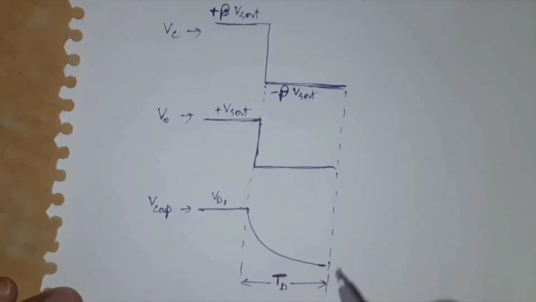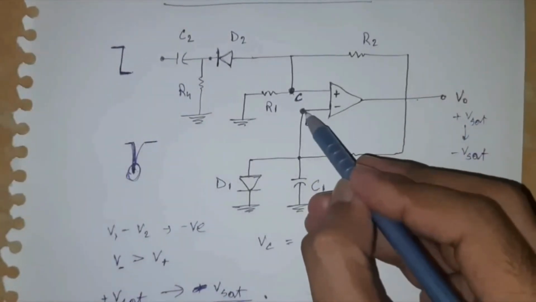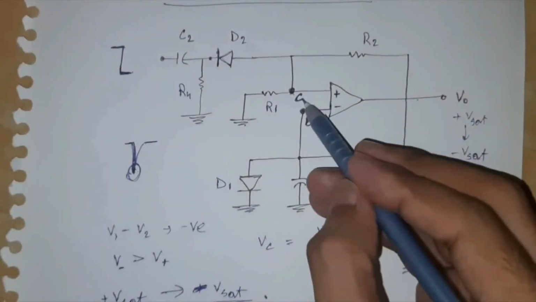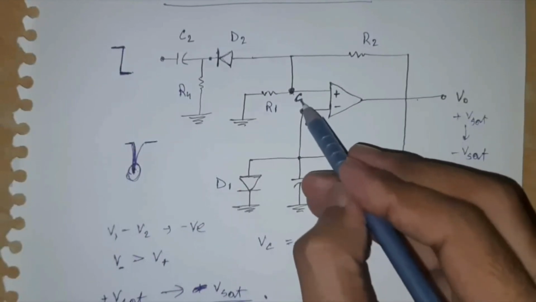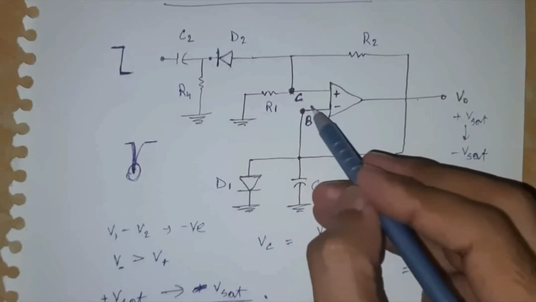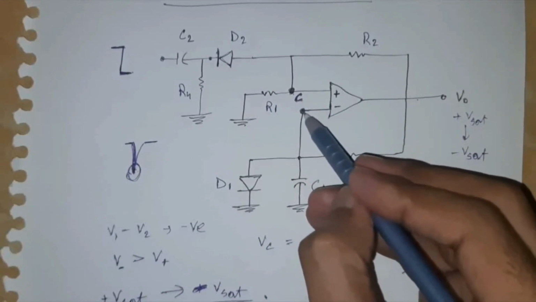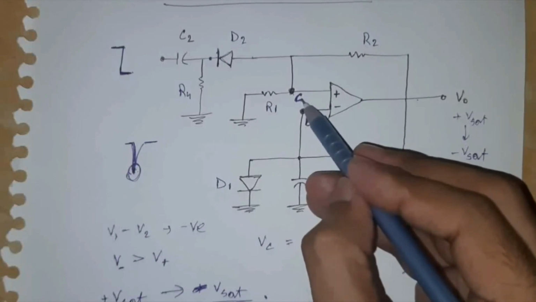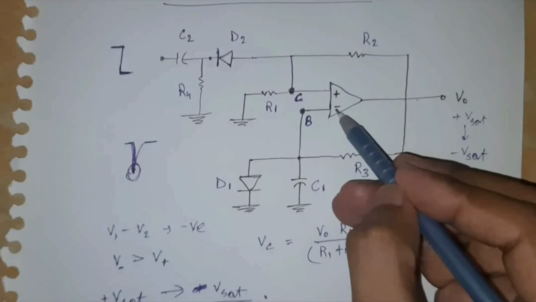see, one thing should be very clear, that this will stop whenever this voltage VB comes down to VC. The value of VC is minus beta V sat, and as soon as VB comes below VC, then the non-inverting terminal will be at a higher potential than the inverting terminal.